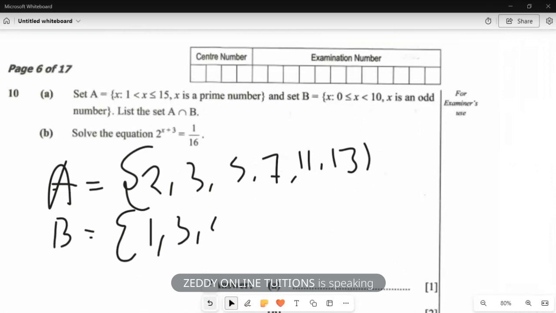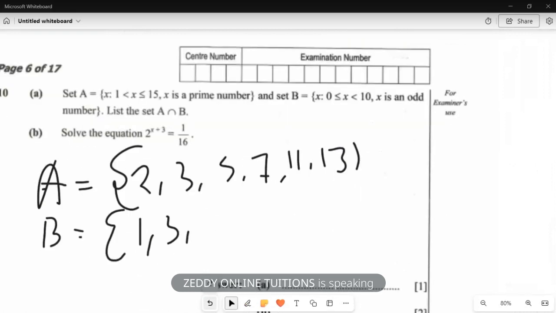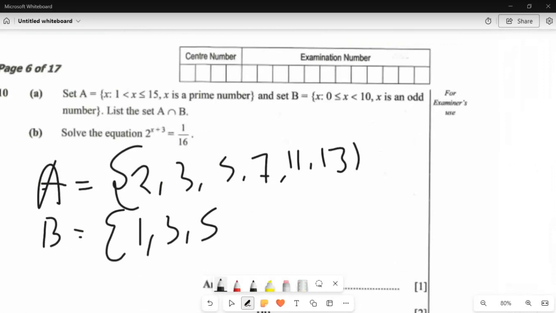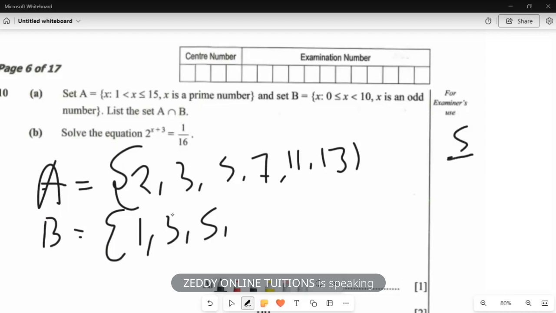You divide 5 by 2, what are you getting? It's 2.5, which is not a whole number, so 5 qualifies.